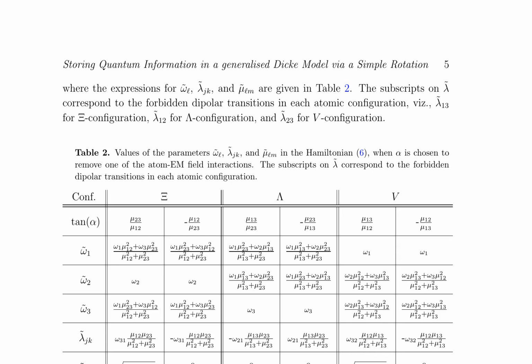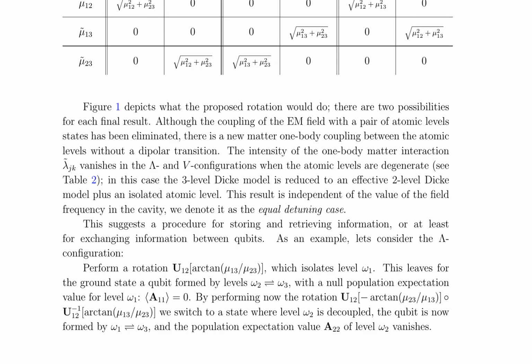The proposed procedure for storing and retrieving information, or exchanging information between qubits, involves performing rotations that isolate specific atomic levels. For instance, in the lambda configuration, applying the rotation U12, arctan, mu 13, mu 23, isolates level omega-1, leaving a qubit formed by levels omega-2 ⇌ omega-3 with a null population expectation value for level omega-1.